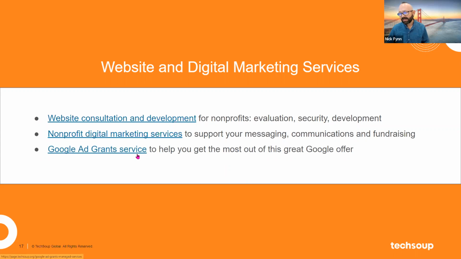And then some folks on this call may already just be using Google Ad Grants. If you're not using Google Ad Grants, it's worth learning a little bit more about it. You can go online and literally Google that phrase. But the Google Ad Grant service effectively provides nonprofits with up to $10,000 a month in free AdWords advertising.